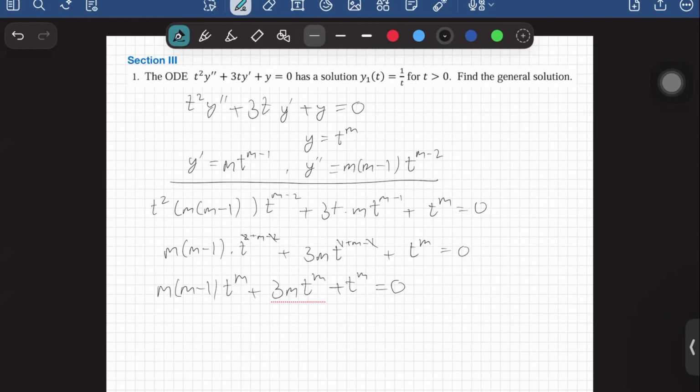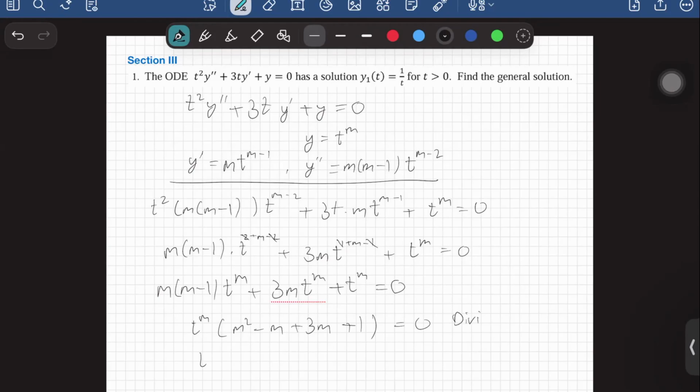And we can just isolate the t to the m term, and that gives us m squared minus m plus 3m plus 1 equals 0. Since t to the m is repeated all along, we can divide both sides by t to the m.